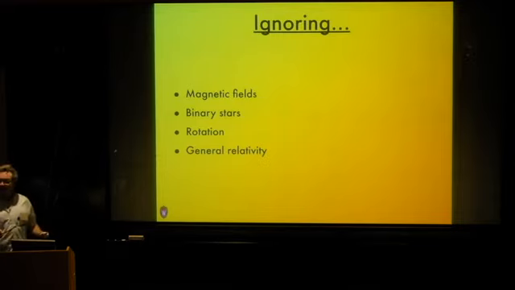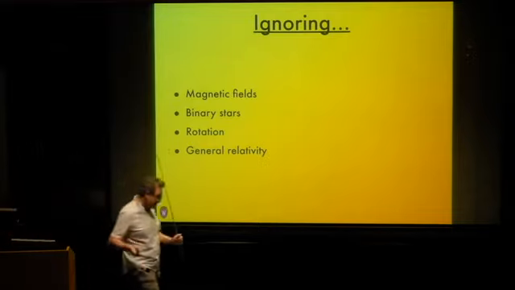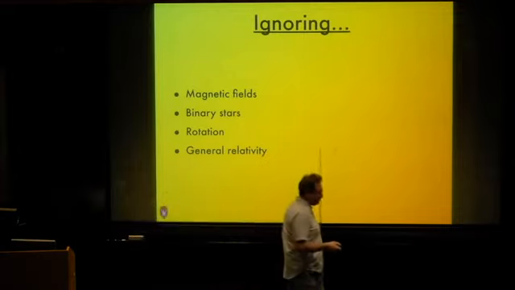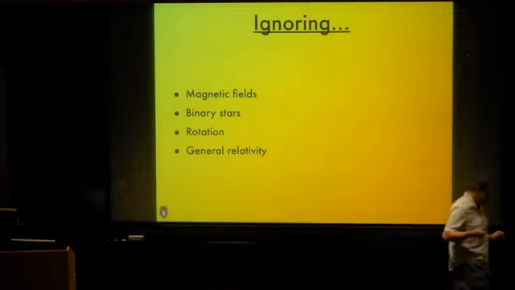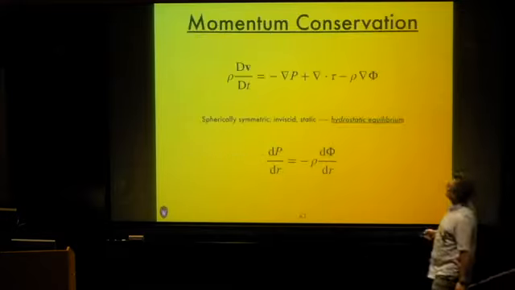I'm going to pretend that stars don't rotate at all, because that makes things tricky, and I'm not going to worry about general relativity at all. In most cases, that's okay for stars, but even for the sun, if we want to model the advance of Mercury's perihelion, we have to take general relativity into account.